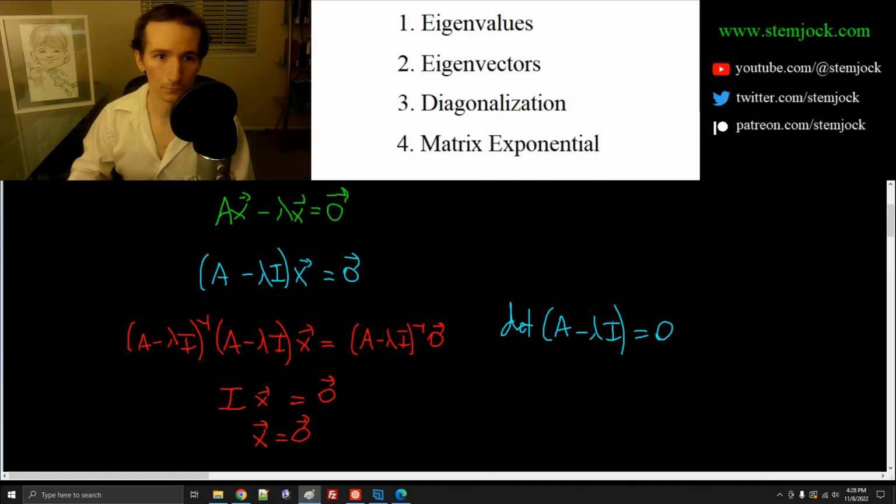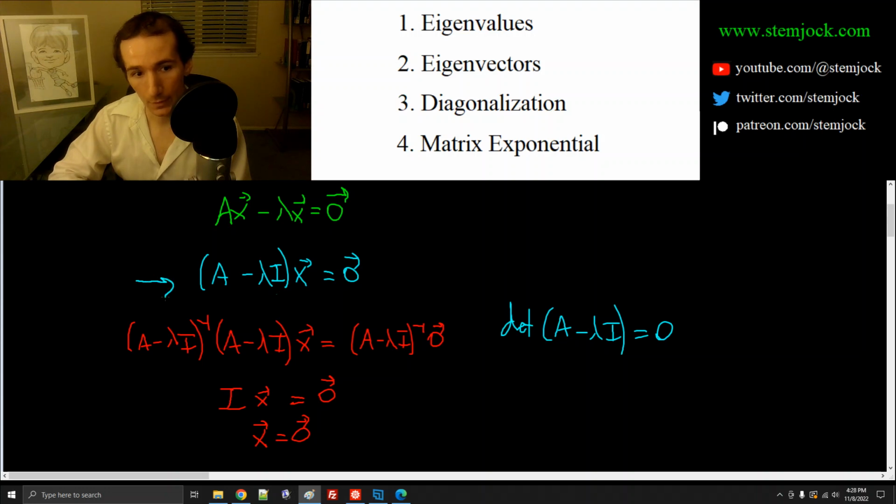That's what it means if a matrix is not invertible: its determinant is equal to 0. So evaluating the determinant would allow us to solve for the values of lambda, and we would substitute each of those values back into this equation here to solve for the eigenvectors.